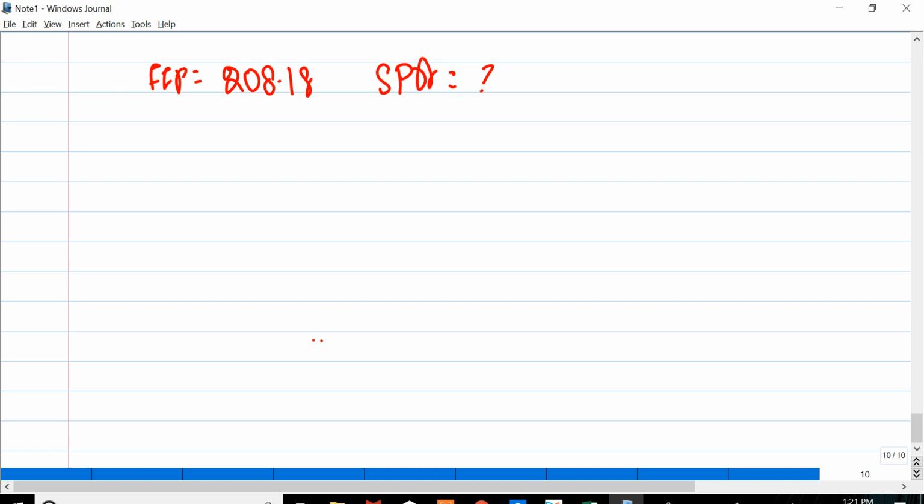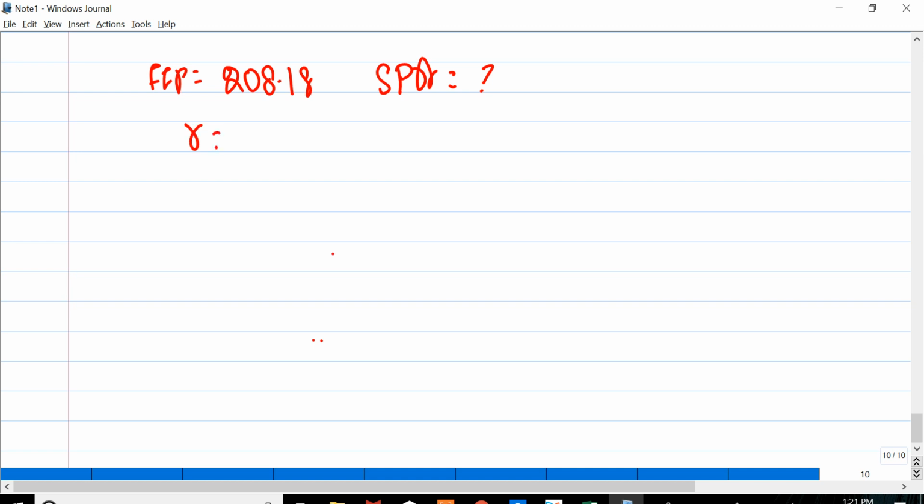Any doubts in the earlier calculation? Everyone getting the number? It is 0.00666. You'll have to add that in the calculator and do it 6 times and get the figure.